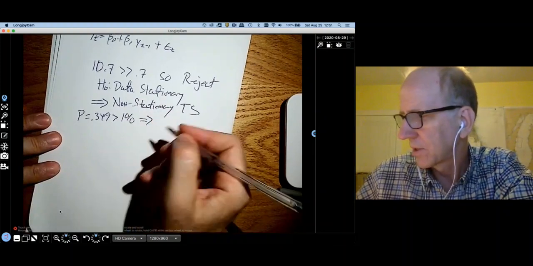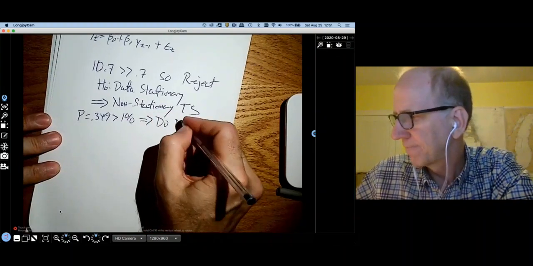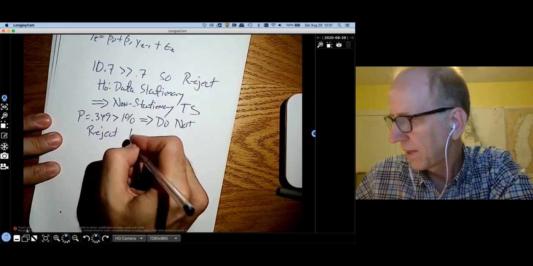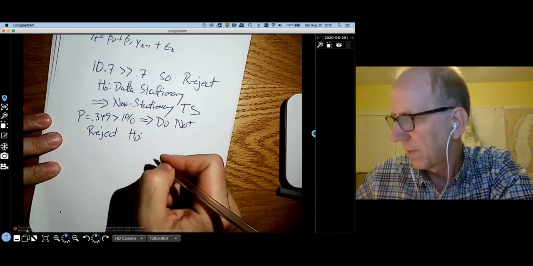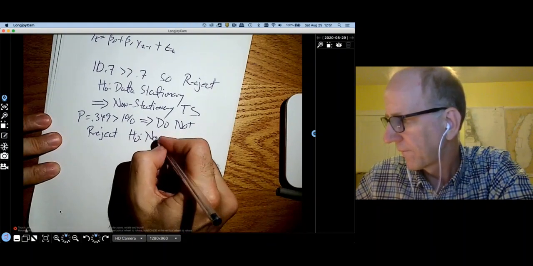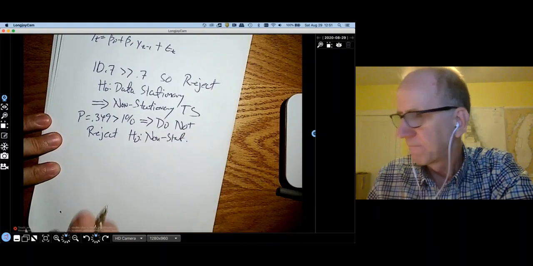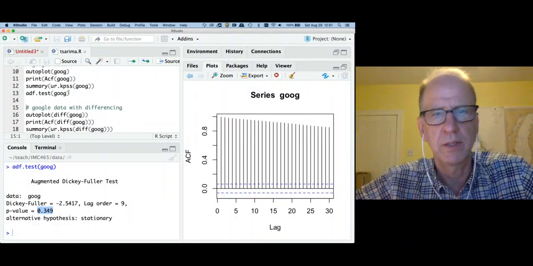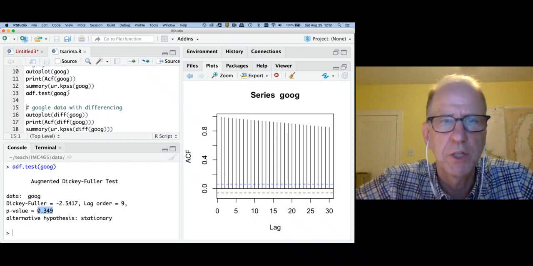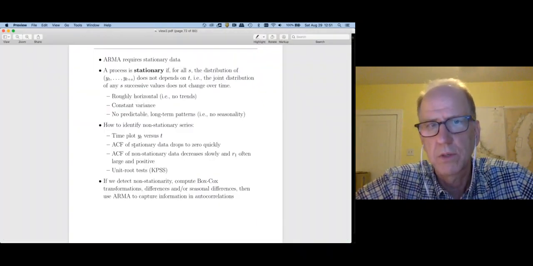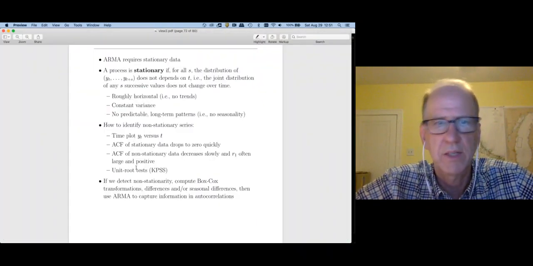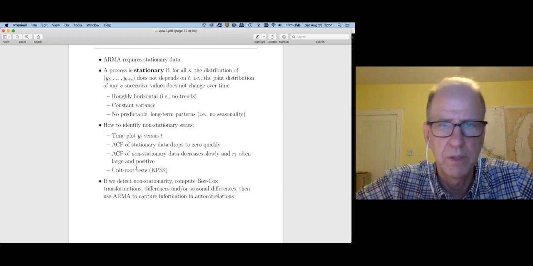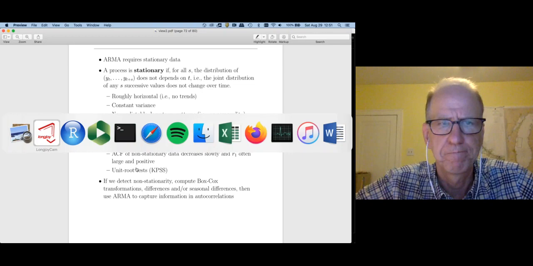This is telling us do not reject H naught, non-stationary. So I cannot reject the null hypothesis. Therefore, I would conclude that I probably have some non-stationarity going. All of these four diagnostics are telling us the same thing. This Google data is not stationary.